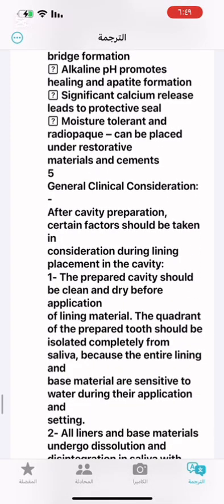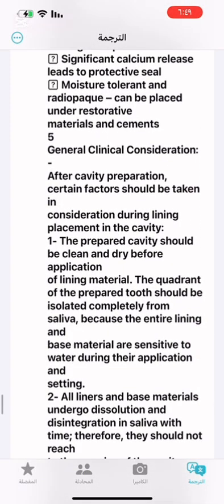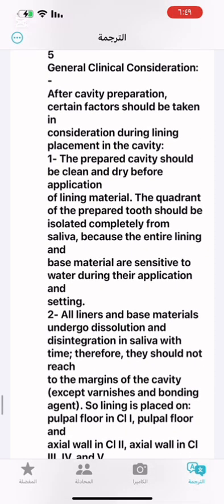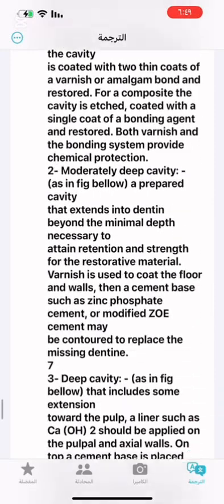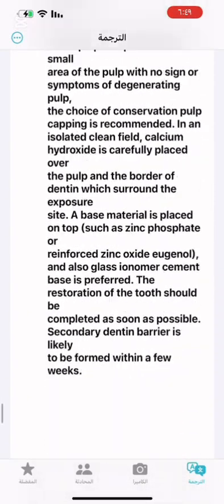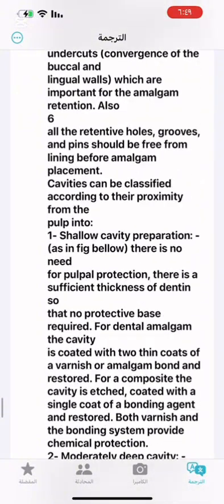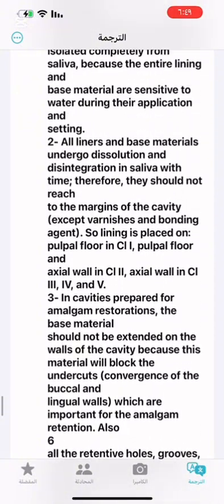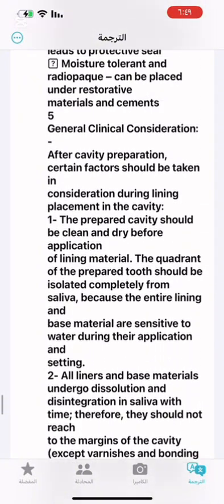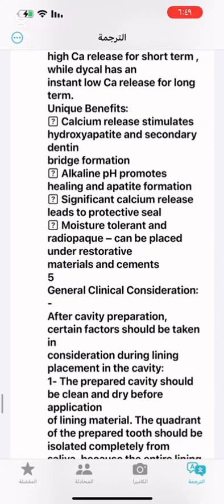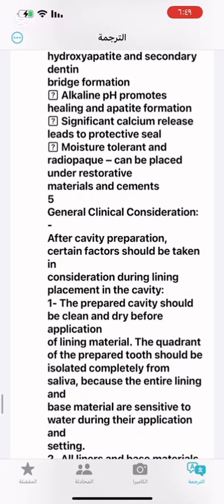5. General clinical considerations. After cavity preparation, certain factors should be taken into consideration during lining placement in the cavity. 1. The prepared cavity should be clean and dry before application of lining material.